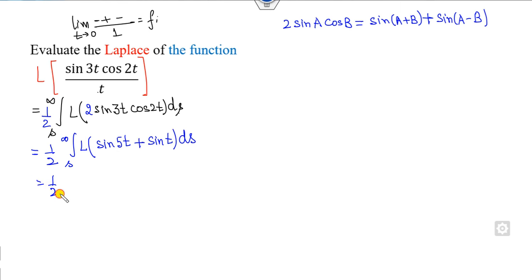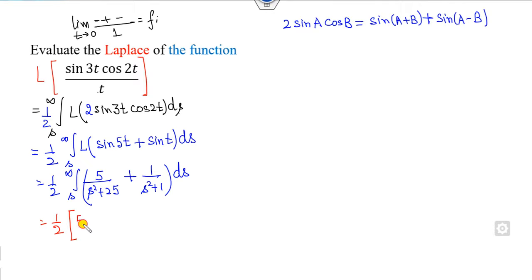So what is the answer of this? From s to infinity, the Laplace of this is 5 over s square plus 25 plus 1 over s square plus 1. Fine. Now what is the integration of this first part? 5 will be outside. What is the integration of 1 over x square plus a square?